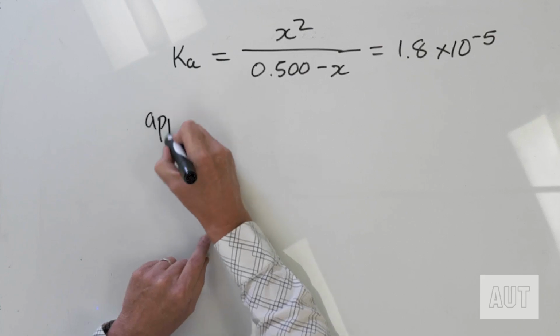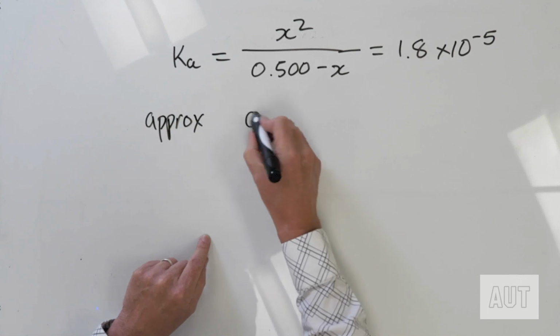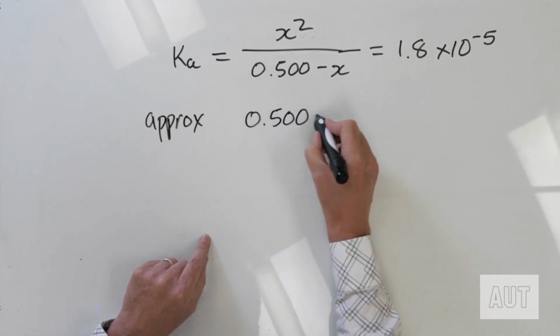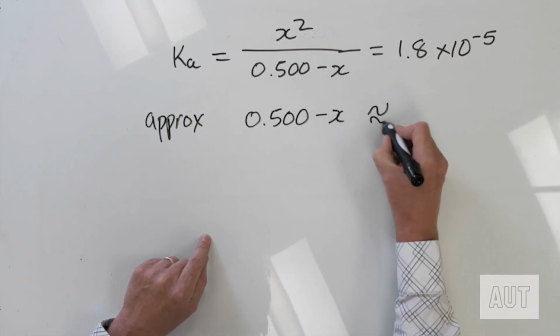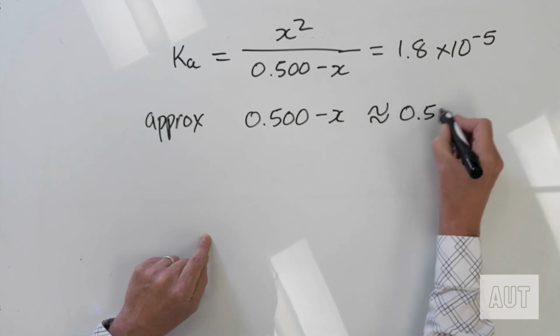And the approximation that we are going to make is that 0.500 minus x is approximately equal to 0.500. In other words, we're assuming that the weak acid doesn't actually dissociate at all, which sounds a little bit weird, but it actually works, okay?